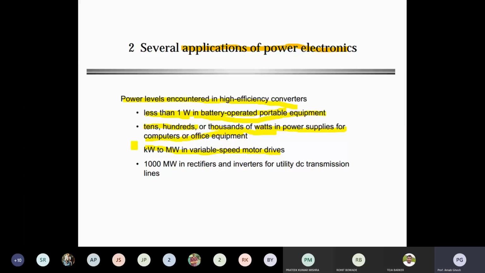Then kilowatt or megawatt in variable speed motor drives. Then 1000 megawatt in rectified and inverted utility DC transmission lines, which means the HVDC line.